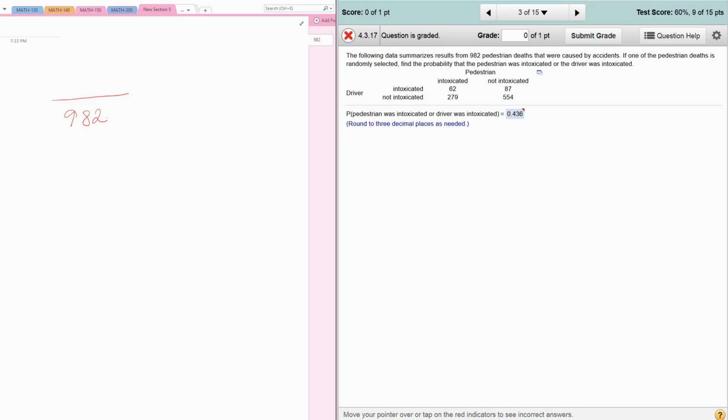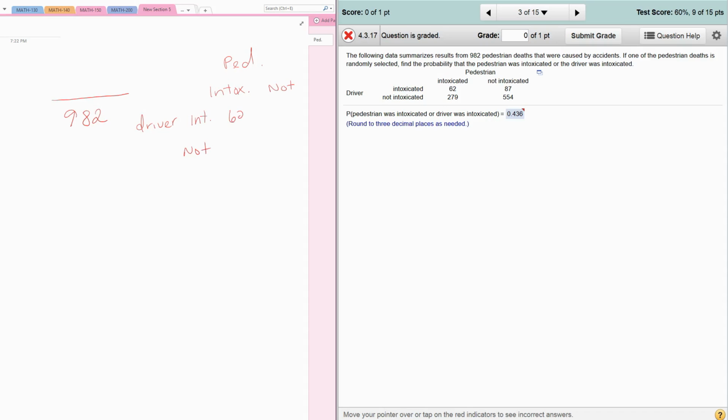And we want the probability that the pedestrian was intoxicated, so that would be all of these people. So we have the pedestrian, and they're either intoxicated or not. And then we have the driver, and they're either intoxicated or not.